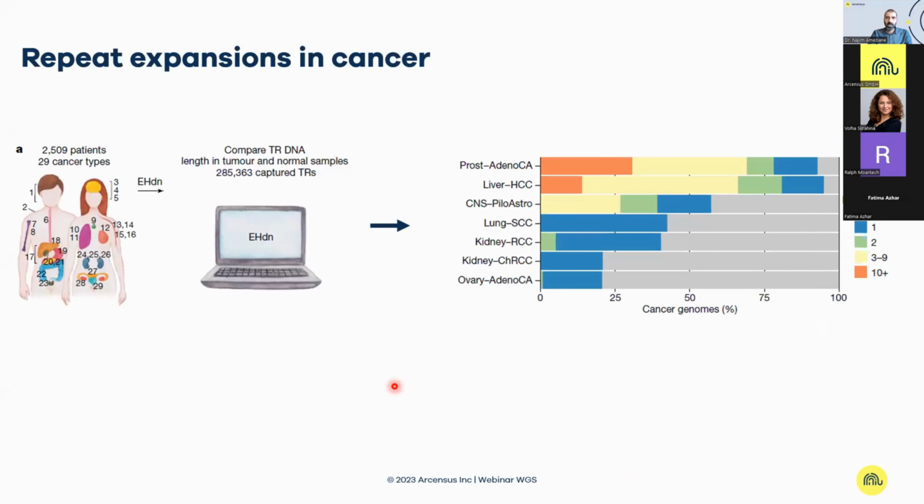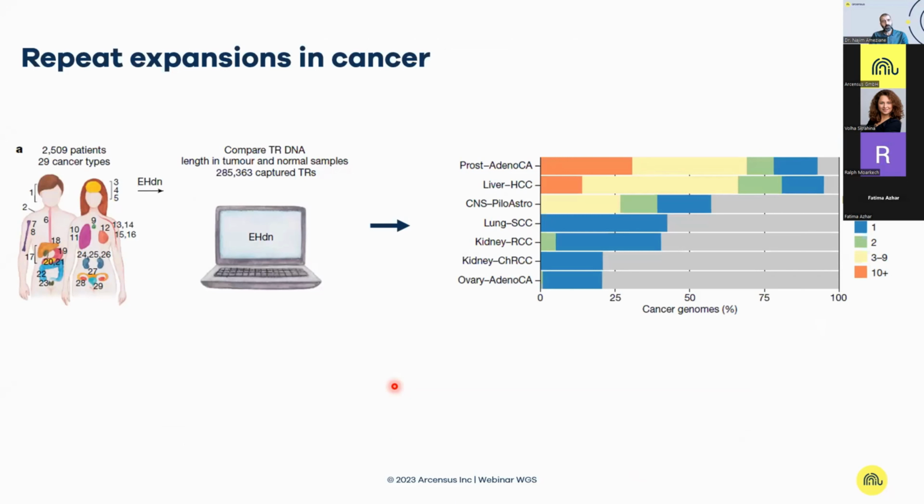And finally, I would just like to take maybe 2 minutes to discuss the involvement of repeat expansions in cancer. A recent study analyzed over 2,500 patients that have cancer, and they looked into 29 different cancer types.